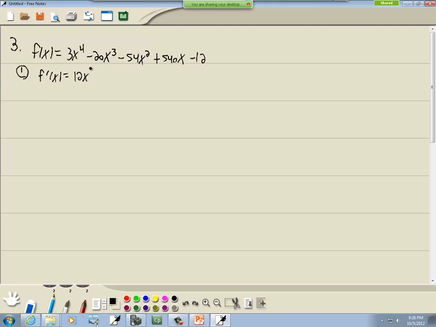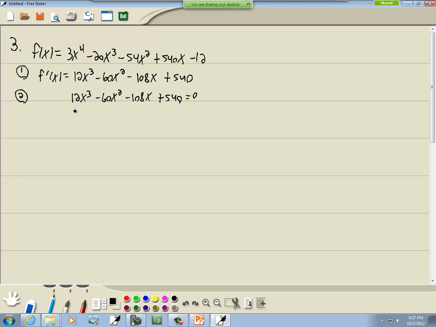That gives us 12x to the 3rd minus 60x squared minus 108x plus 540. Step 2, set this equal to 0 and solve it. Now these numbers here are kind of huge, but I notice they're all divisible by at least 2.